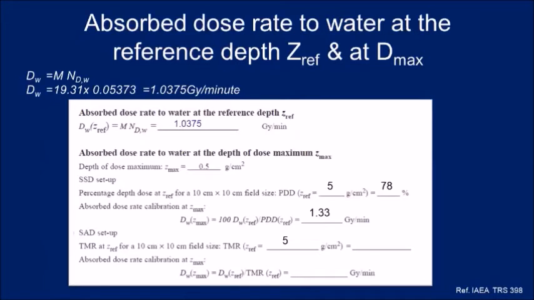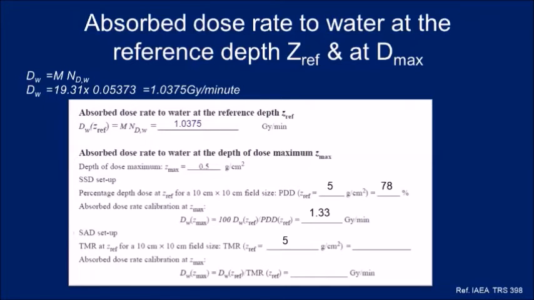Now if you want, you have to convert the dose to water at Dmax. Some of the treatment planning systems ask you to enter at 5 centimeter depth or 10 centimeter, then you enter this. If they want you at Dmax or you want it at Dmax, then divide by the percentage depth dose, which is 78 for 5 centimeter depth. This is the reason I wanted to measure at 5 centimeter.